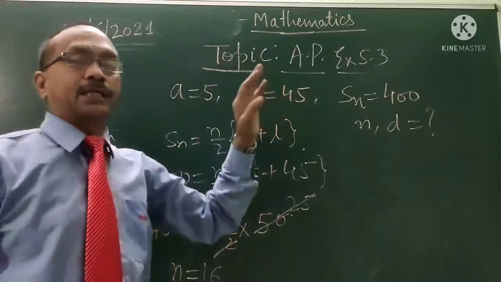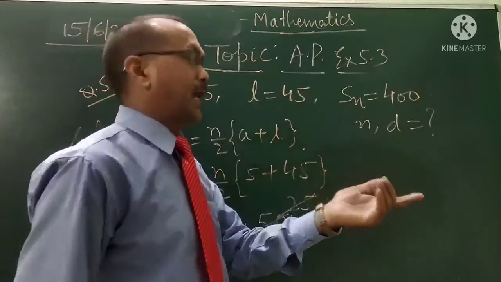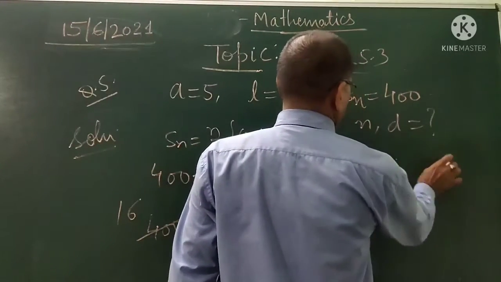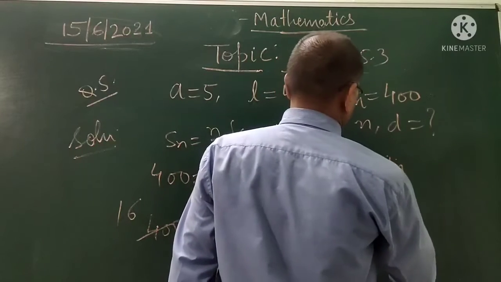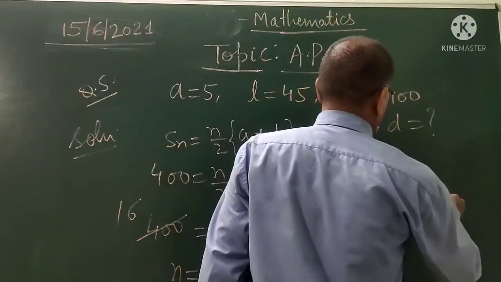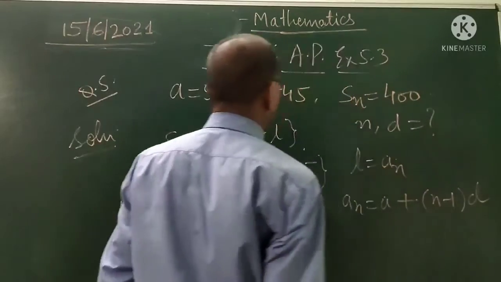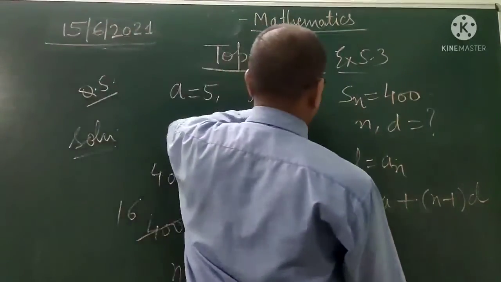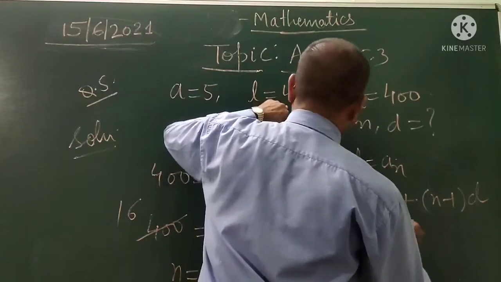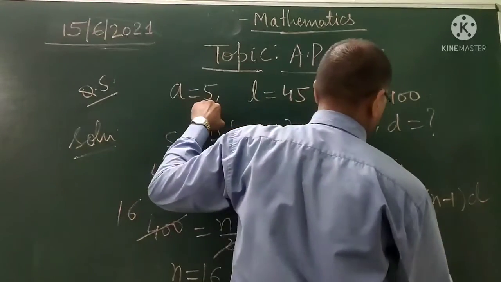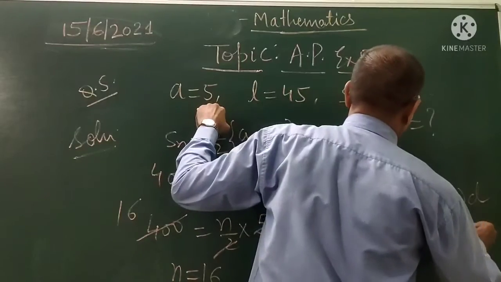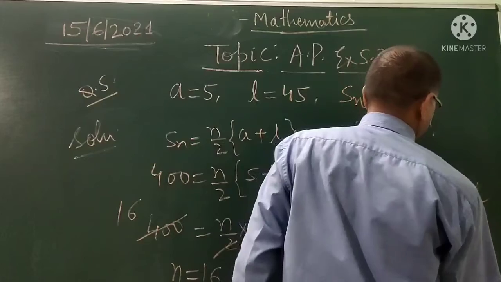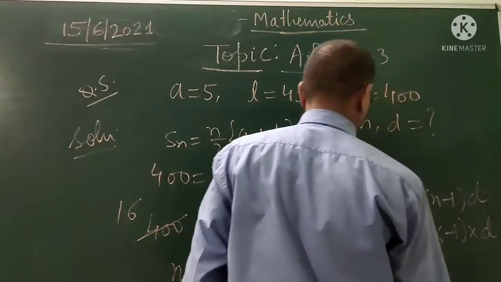Students, now there is a formula for l. What is l? l equal to an, and an equal to a plus n minus 1 into d. Since l is 45, so 45 equal to 5 plus n minus 1, and n is 16, so 16 minus 1 into d.